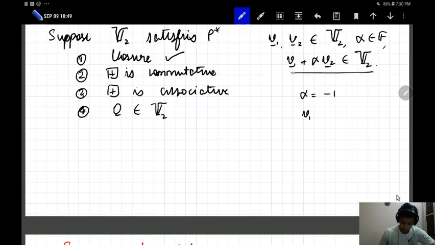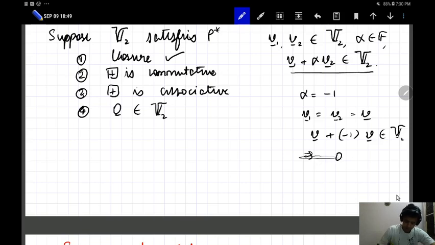So take V1 equal to V2 equal to v, therefore v plus -1 times v should be in V2, which implies that 0, so -1 times v is -v, or another way to write it is (1 plus -1) times v, which is 0 times v, which is in V2, right? So the 0 vector is in V2.